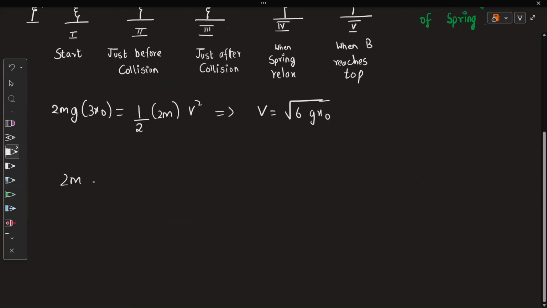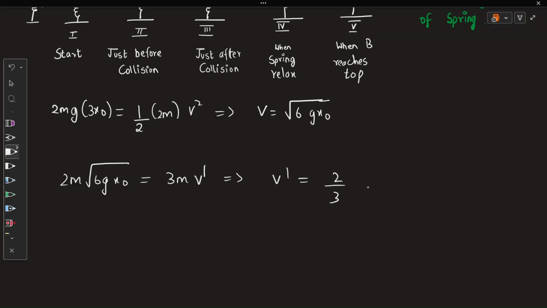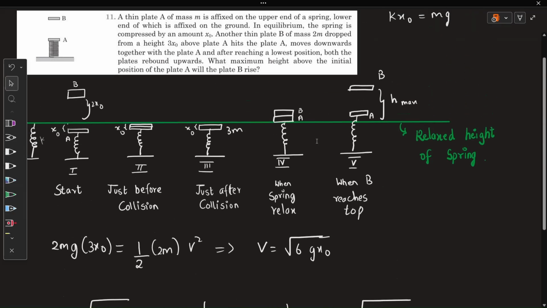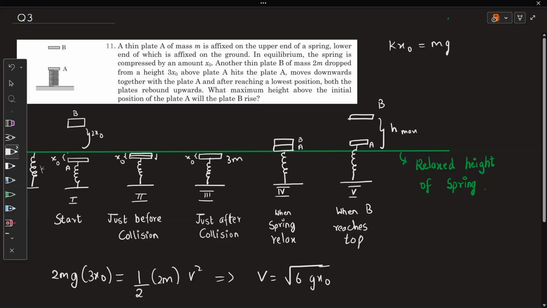So the initial momentum is 2m into under root 6g x naught. And finally, the mass 3m moves with the velocity v dash, that is, v dash is the combined velocity. So v dash is nothing but 2 by 3 into under root 6g x naught. So at this point it has a velocity v, and now this velocity becomes v dash.